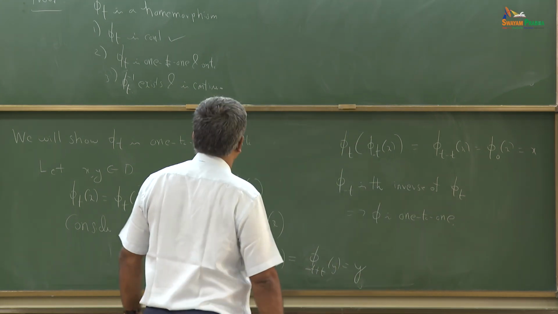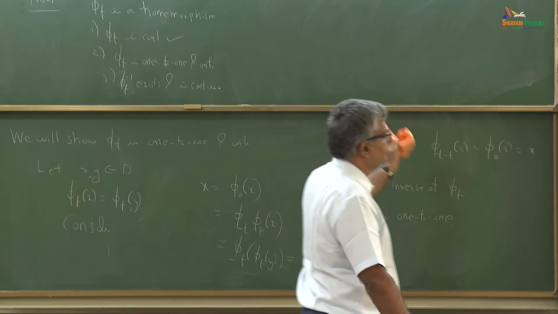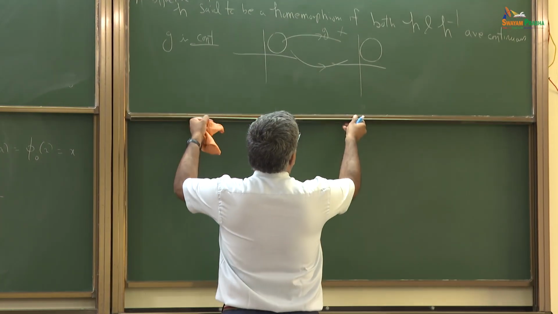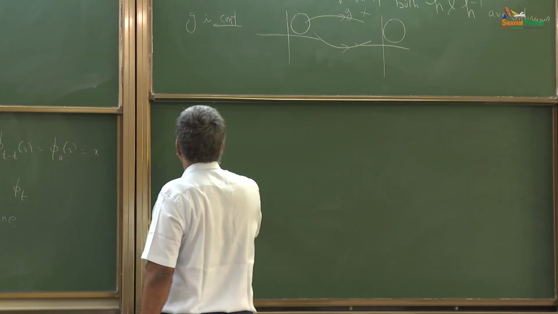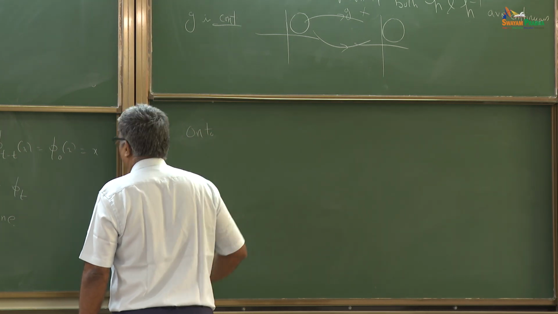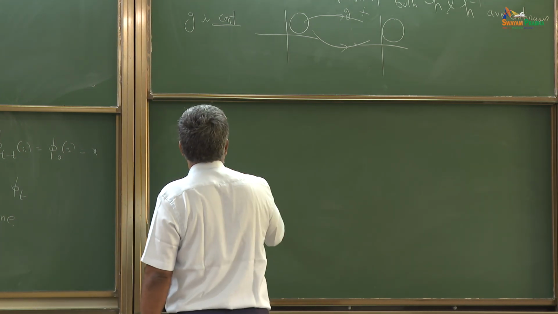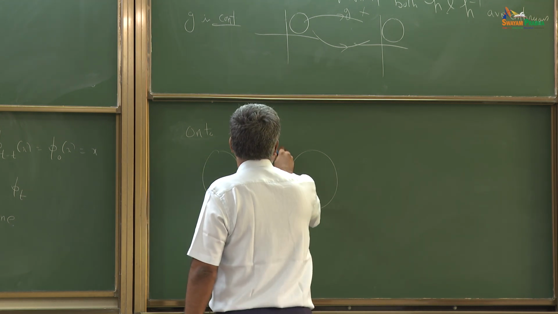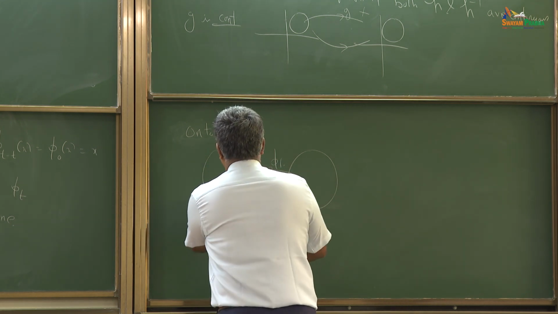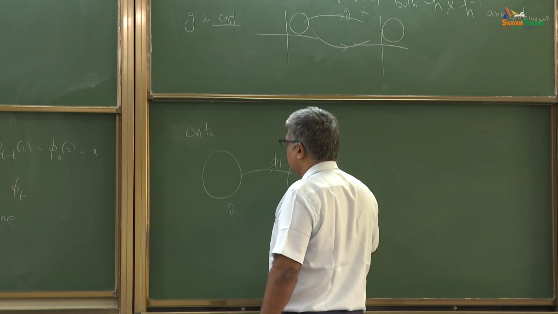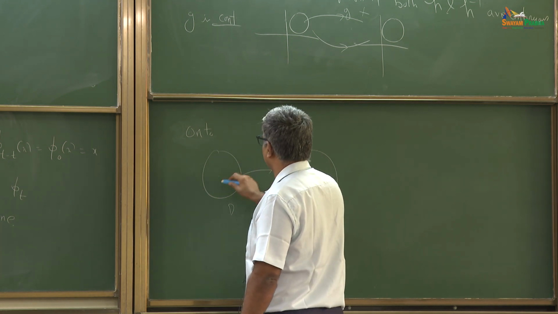So let us show it is a bijection. I mean, we have to show it is onto. How do you show onto? You have some space D mapping to D. You take a point z, and you have to find some x such that phi t of x is z.